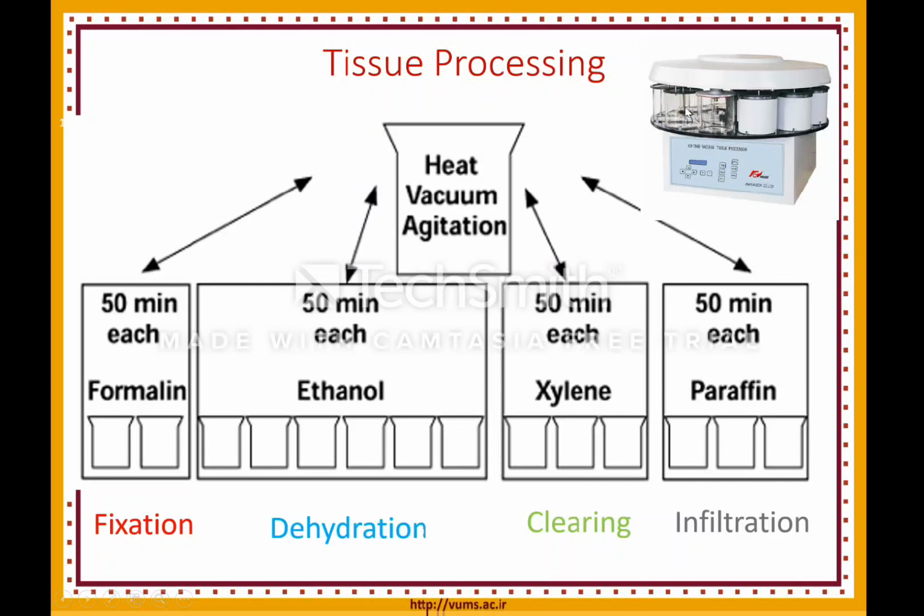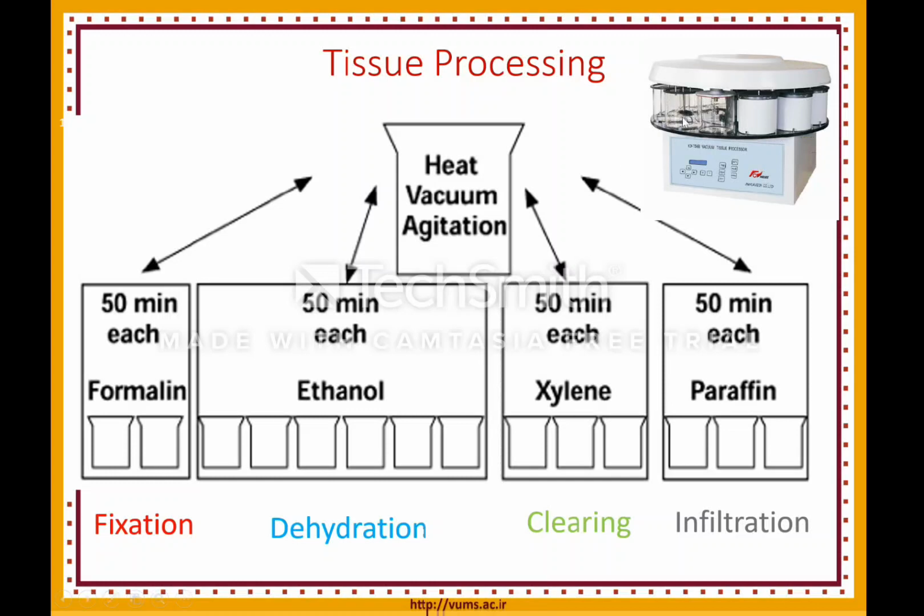It includes some jars, and each of these jars has these materials. We can arrange it manually, and this equipment equally turns around this axis and finally finishes in between 18 or 20 hours.